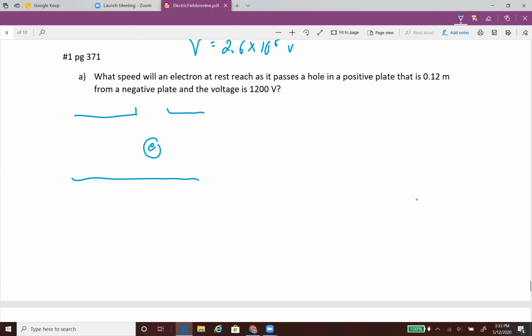It's going to go from the negative side to the positive side and travel through this hole. It's going to pick up speed. So here's what we know. We have the voltage, we have the distance, and we know it's an electron, so we have the charge.